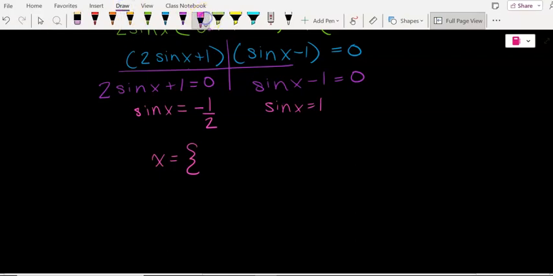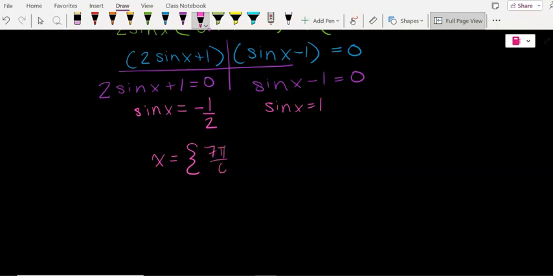Well, sine being equal to negative 1/2 is going to happen, let me see, at 7 pi over 6 and then 11 pi over 6, right? And then where is sine equal to 1?